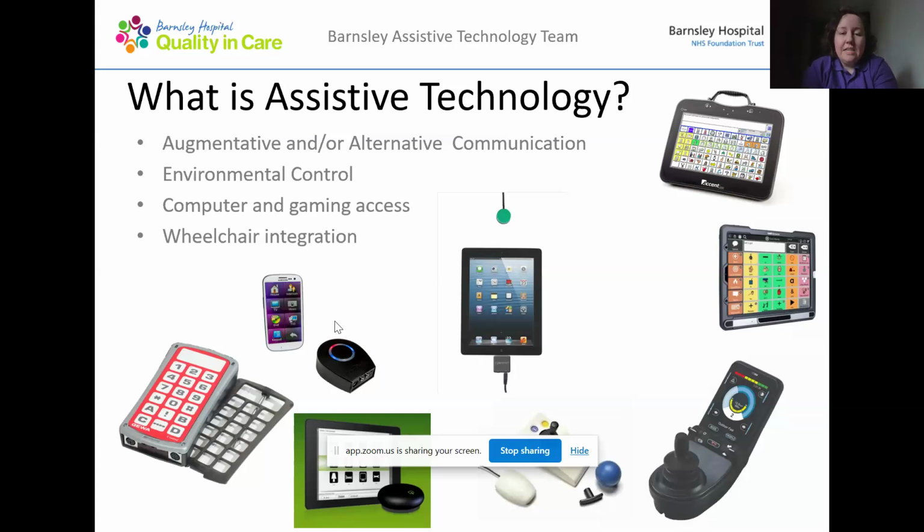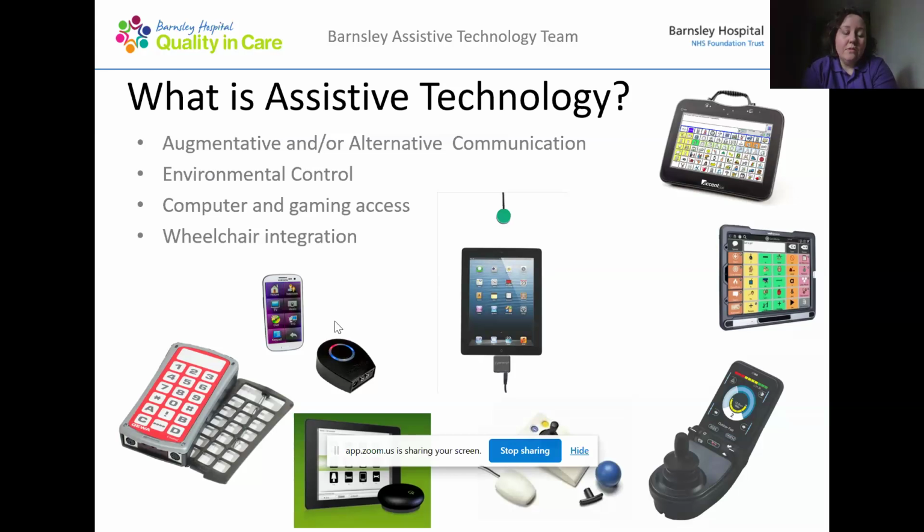So assistive technology is technology to support people with their communication. It can be to support them with controlling things in their home, like their lights, their TV, their phone. We support people who'd like access to their computer or to gaming, where it might be difficult to use more mainstream options.